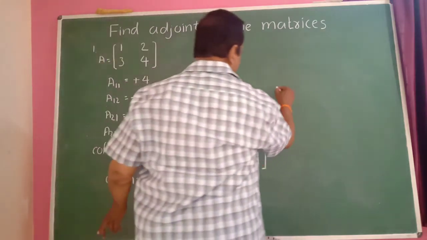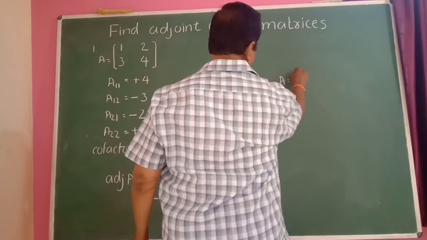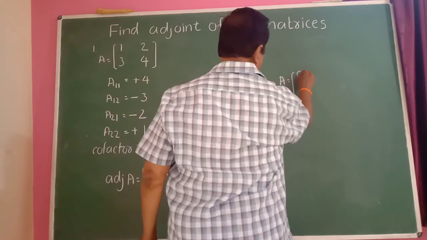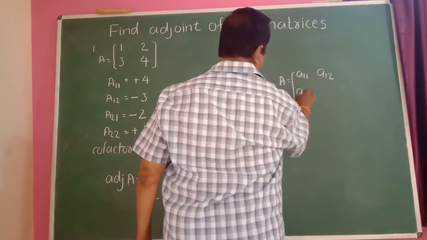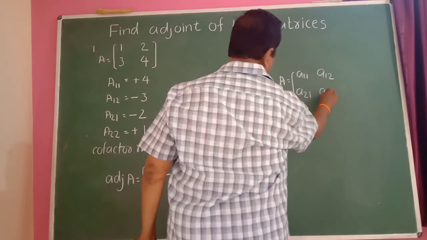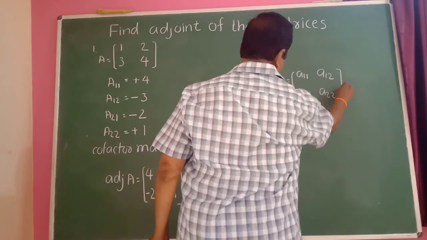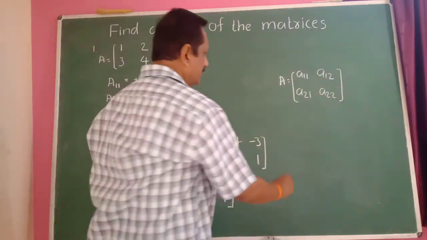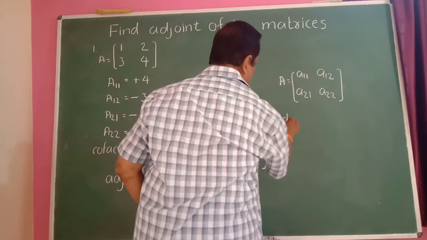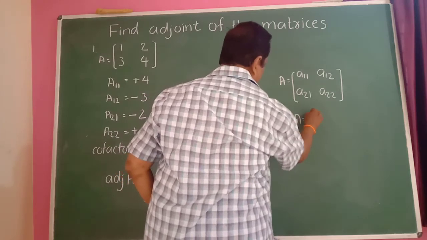Therefore, in general, suppose A is equal to A11, A12, A21, A22 is the given matrix here. If you want to write the adjoint of the matrix, it is denoted like this.